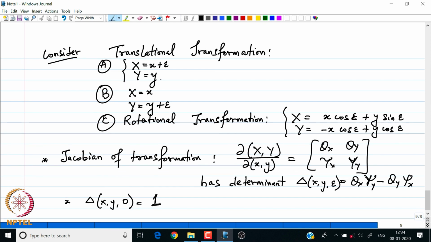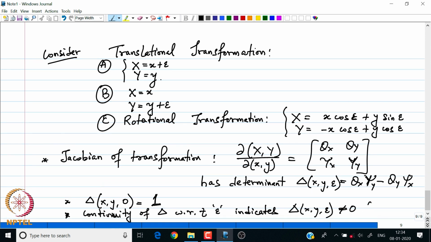So, what I am saying is, the continuity of delta with respect to epsilon indicates that delta of x, y, epsilon is non-zero for epsilon much less than 1 or close to 0.